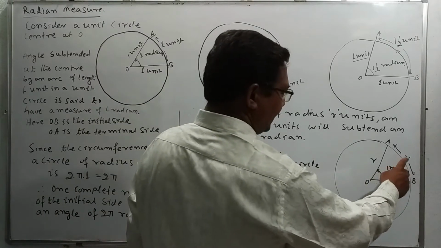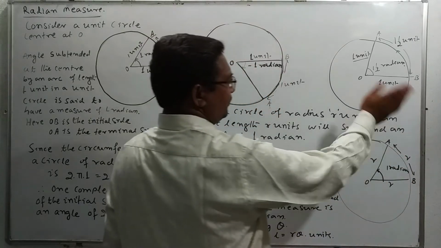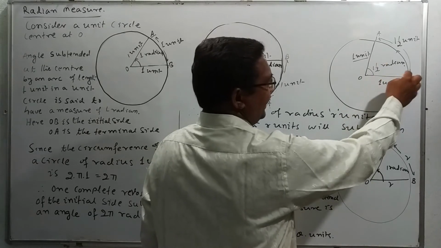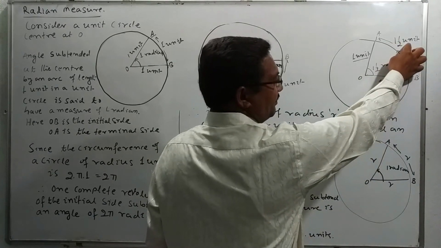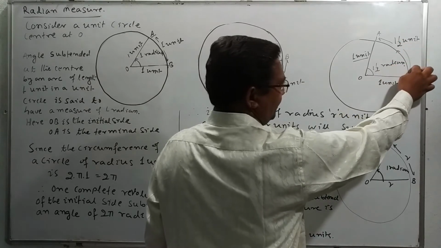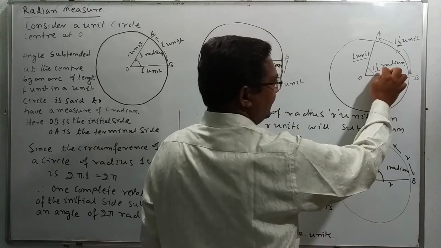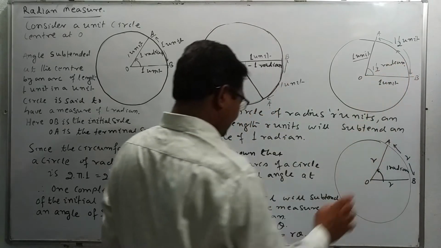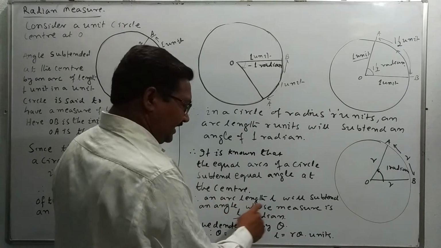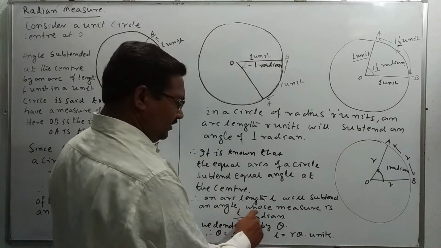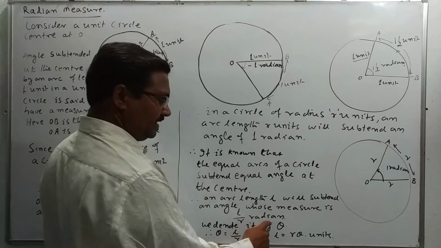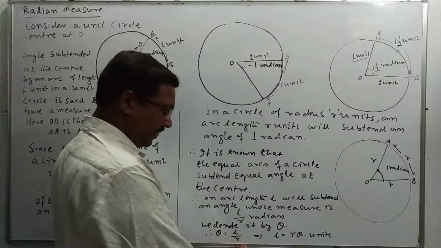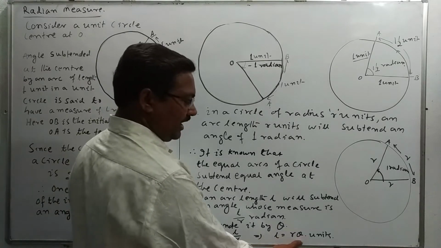For example, we have a unit circle with radius 1 unit and we take 1.5 unit as the arc length. My angle inclined at the center is 1.5 radian. Similarly, an arc length l will subtend an angle whose measure is l by r radian. If we denote it by theta, theta equals l by r, that means l equals r theta units.